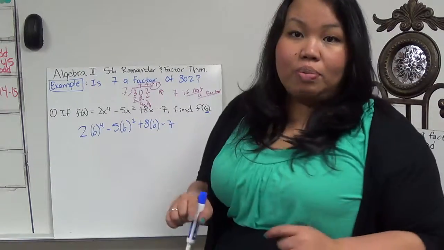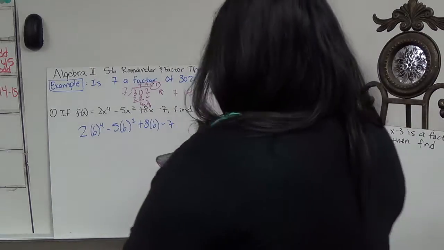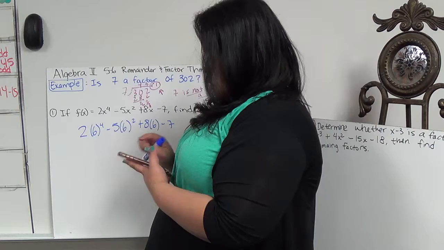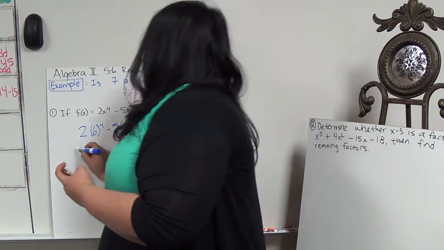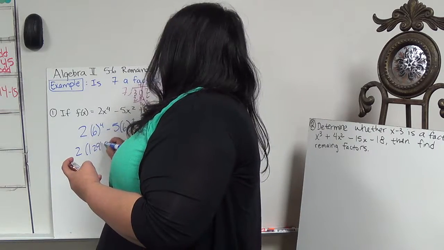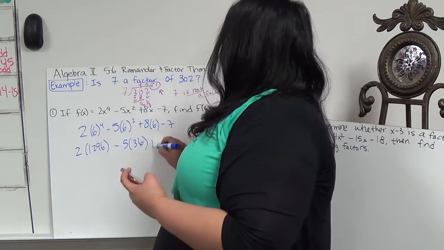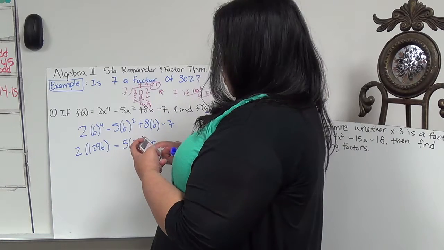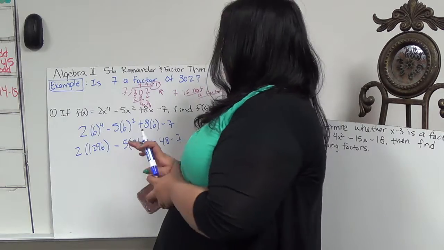Remember that these powers are only applied to the numbers, so if I get a calculator, 6 to the 4th is 1296, so 2 times 1296 minus 5 times 36 plus 8 times 6 is 48 minus 7.